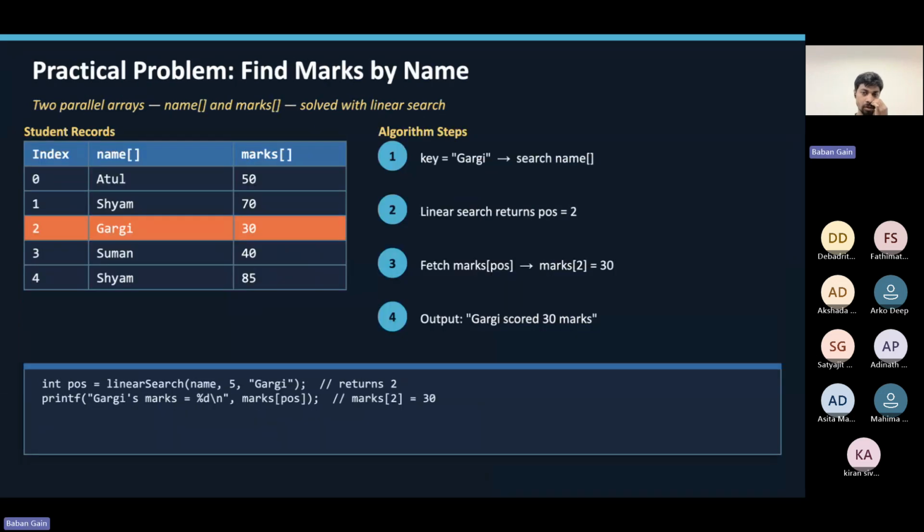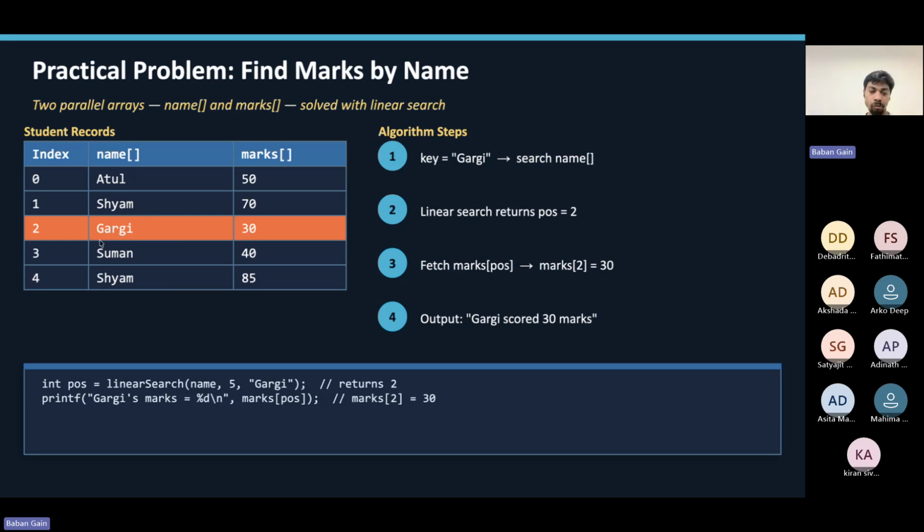Okay, so let me do this. Basically, in strcmp, consider that you are passing the name here. Name of 0 is Apu, name of 1 is Sam, name of 2 is Gadi.